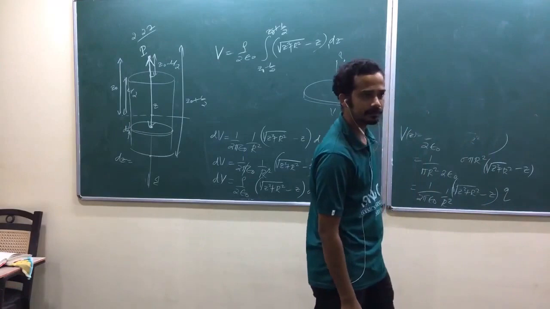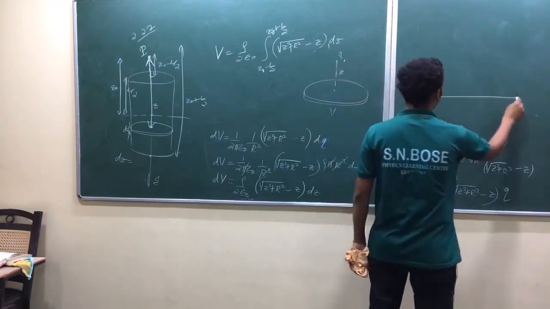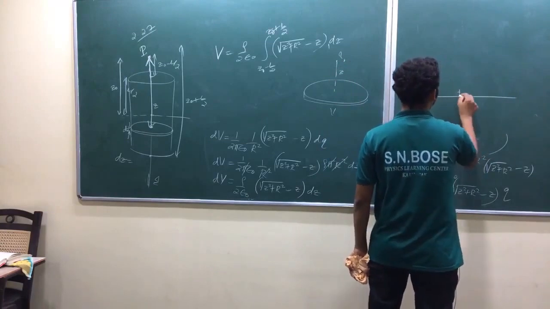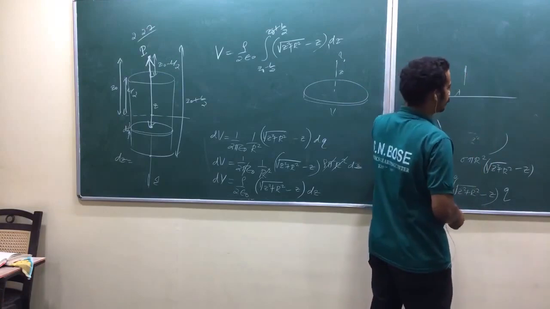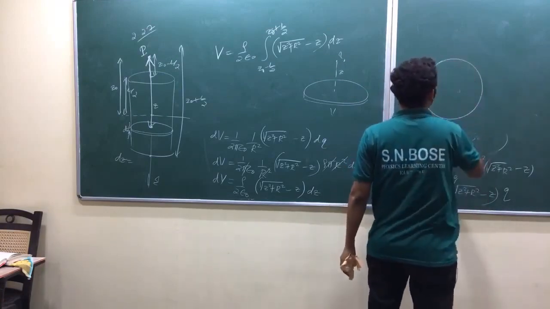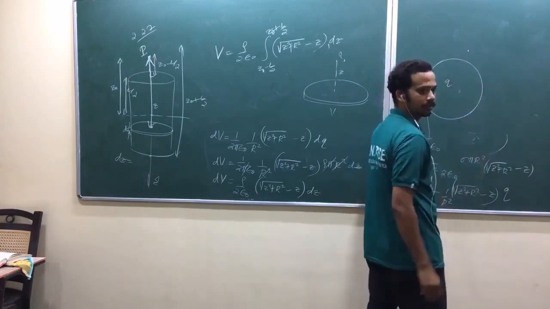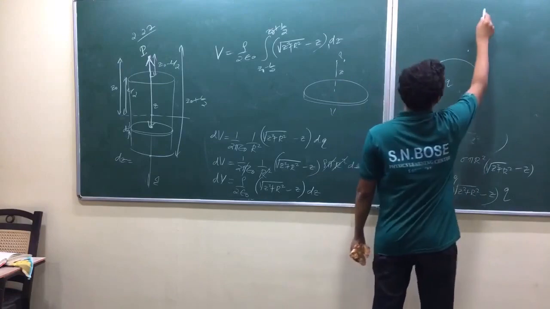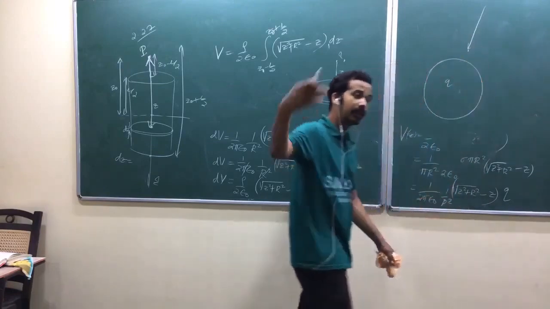Suppose we had a solid sphere of total charge Q, and we wanted to find the potential outside. Suppose you are going from infinity to this point, coming radially inward.